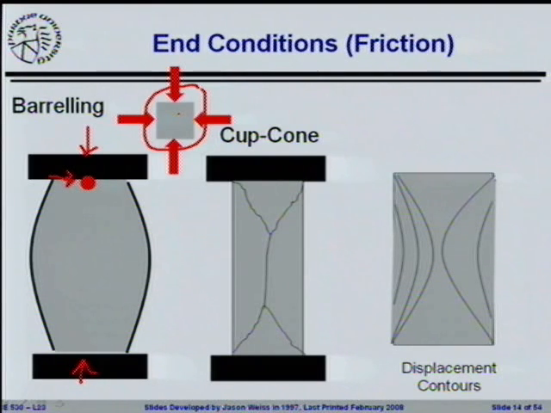So one of the things that you will hear people talk about a lot is, did you get a cup cone failure at the end of your sample? Well, that cup cone failure has little to do with the concrete itself. That cup cone failure has to do with the fact that this is confined concrete. This concrete is trying to bulge out and wants to spall off of the edge of the sample.